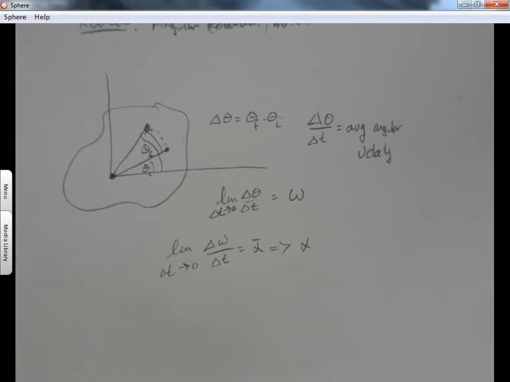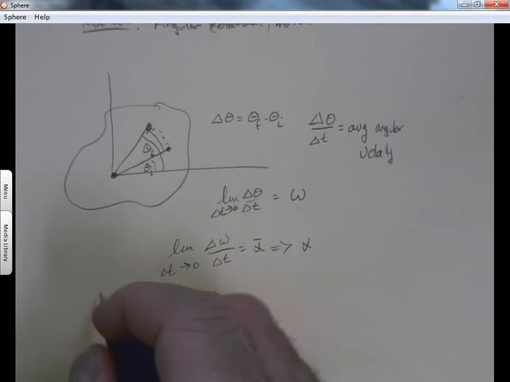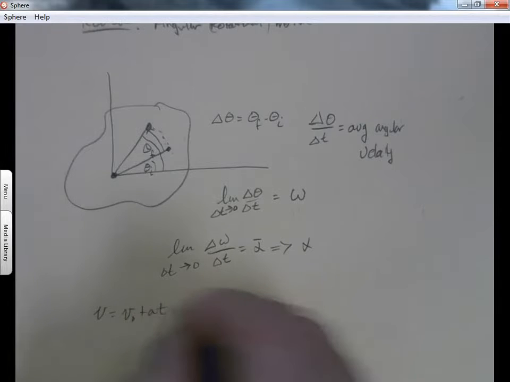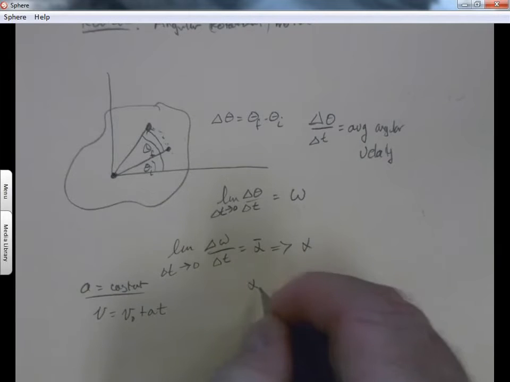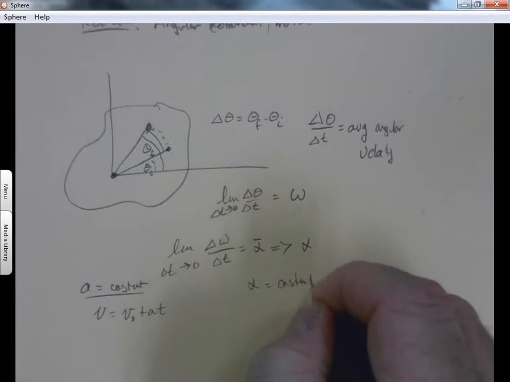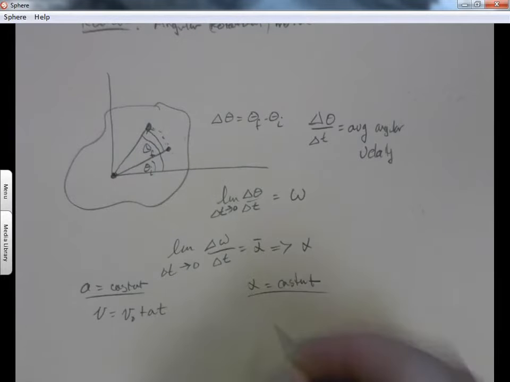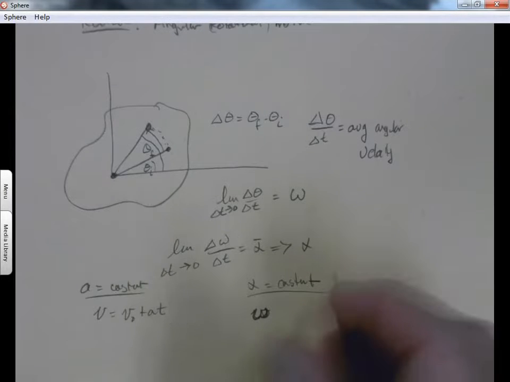We even have the same equations. So if we start with our linear v equals v naught plus at, if our acceleration is constant, and if we look at our alpha being constant, then that gives us omega equals omega naught plus alpha t.